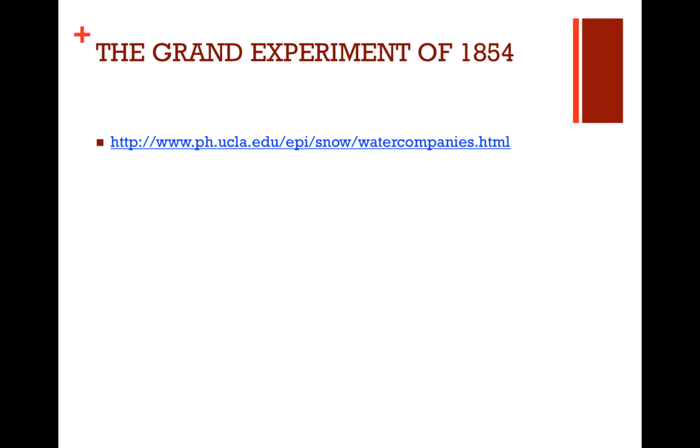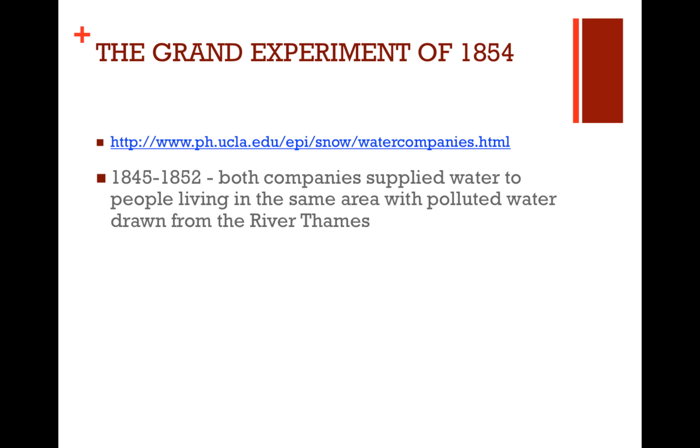So the grand experiment of 1854 involved two different water companies. Between 1845 and 1852, both companies supplied water to people living in the same area with polluted water that was drawn from the River Thames.